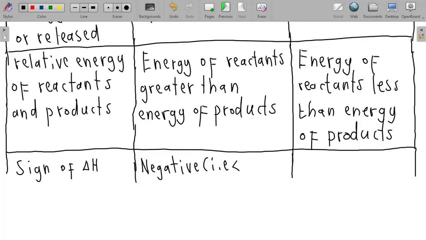So we say it's negative here, or less than 0. And then for the endothermic, the sign of the enthalpy is positive. That is, it is greater than 0.